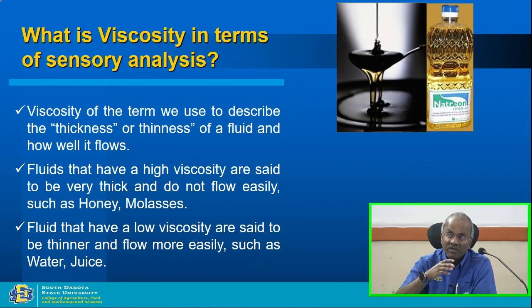Or if you have 4 or 5 different samples you want to differentiate, you can put them in order. Different people may put them in a different order, but at least the highest viscosity will be at one extreme and the lowest viscosity at the other extreme. In between, there could be different arrangements. Make sense?